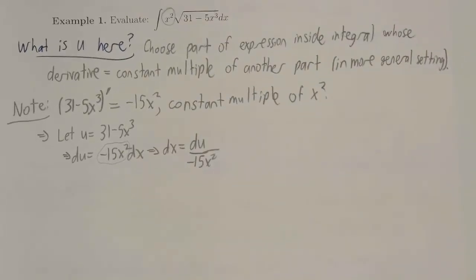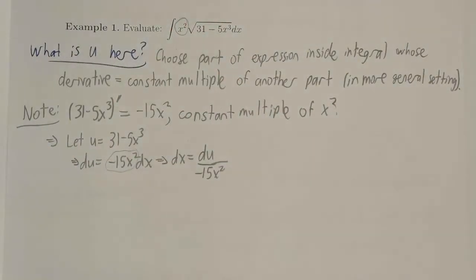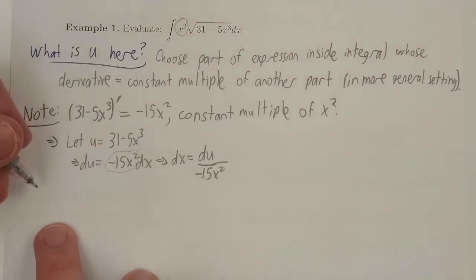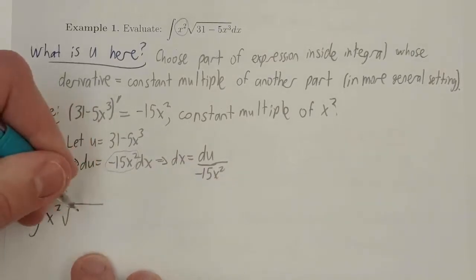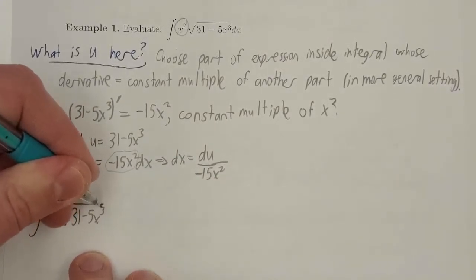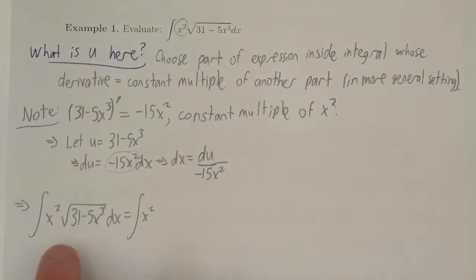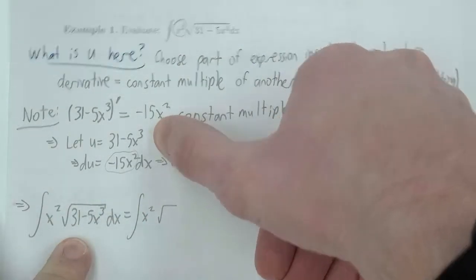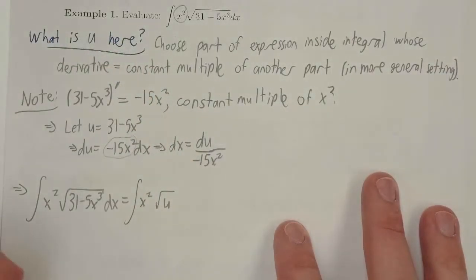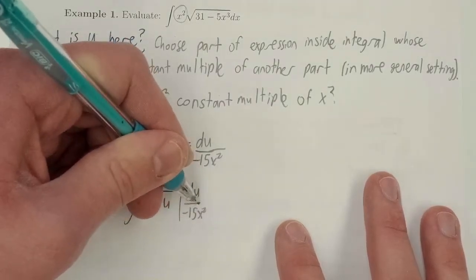So what are the consequences of this? More specifically, why do we need to make sure that this du is a constant multiple of something else inside the integral? Well, let's take a look. We have x squared times the square root of 31 minus 5x cubed dx, which equals x squared times the square root of u, and then dx, which is du over negative 15x squared.